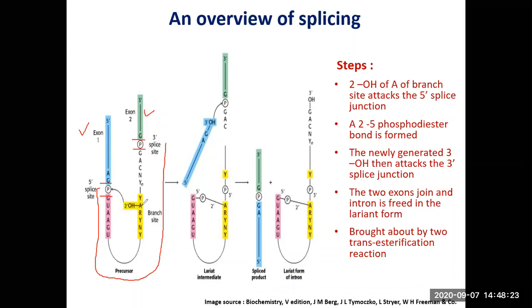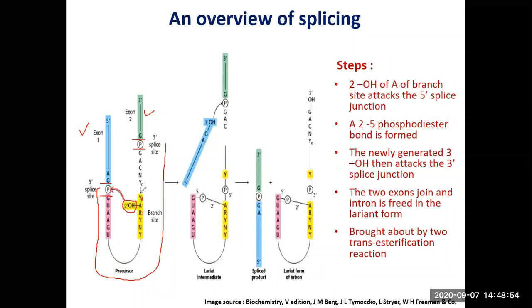So you have this number 2 nucleotide, an A, and it is bonded to the first nucleotide here and the proceeding nucleotide here by phosphodiester bonds. This is the 3',5' phosphodiester bond. This is the 5',3' phosphodiester bond. But it has this 2' hydroxyl group free. This 2' hydroxyl group of the A of the branch site attacks the 5' splice junction.